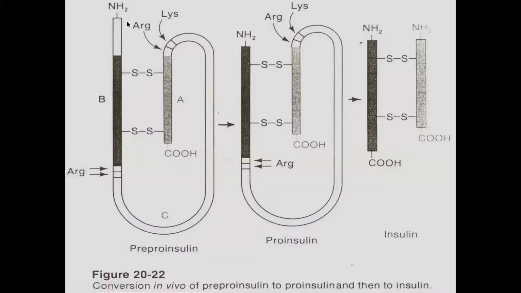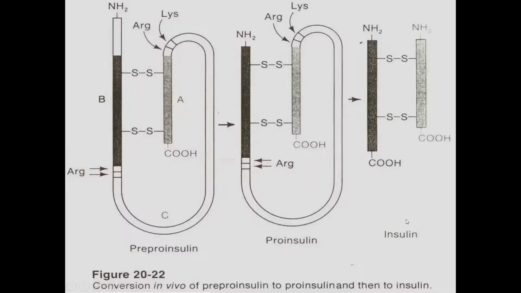This much part is cleaved from the pre-pro insulin to convert it into pro-insulin, the second structure. And now the remaining white portion, this entire intein, the non-active portion, is again removed, and what you have is the active insulin.